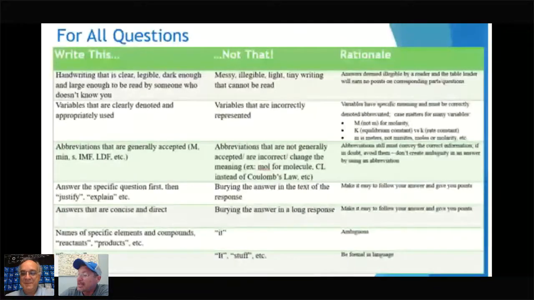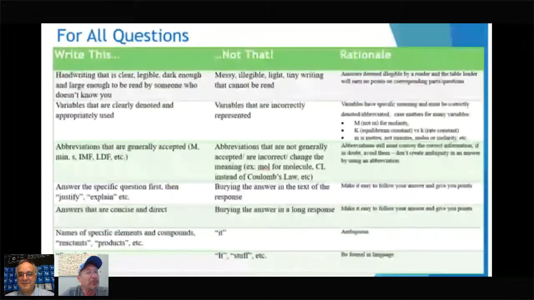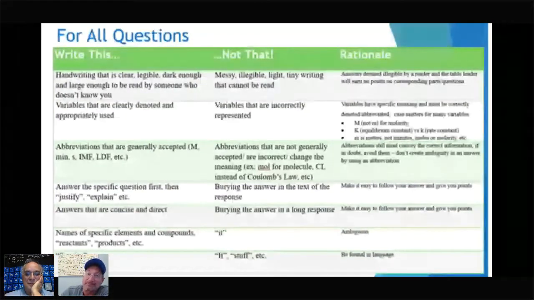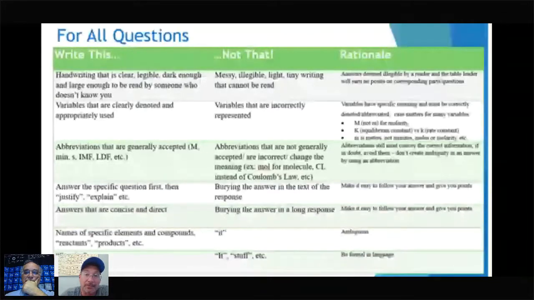I can't understand that. And if they can't read it, then we go to somebody else. We get like 3 or 4 people trying to read your handwriting. But I'll say this, on day 6, when I'm really tired and I pass to somebody and they still don't, I'm telling you, at some point in time, we're going to say, I don't see the right answer there. So please do your best to write nice and clear.